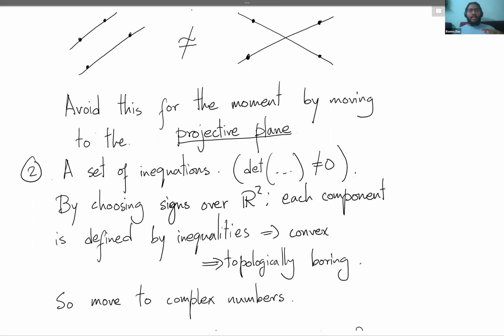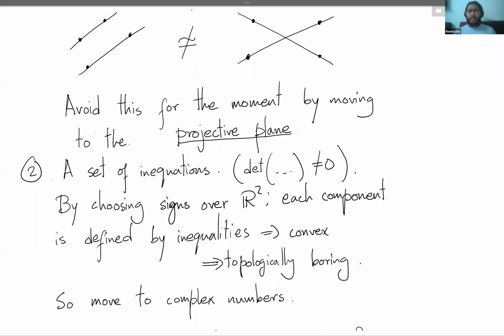So essentially, this space will break up into pieces, and each piece will be convex because they're defined by inequalities. The problem with a convex space is that it's not interesting topologically. All the pieces are contractible. So at the level of topology, I want to think about the space as just a discrete set of points, and that's not interesting.